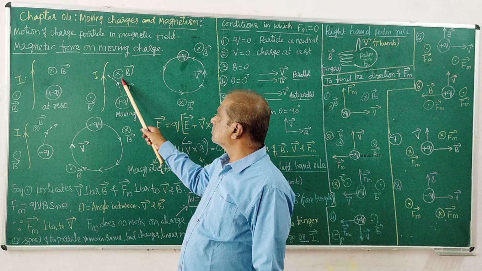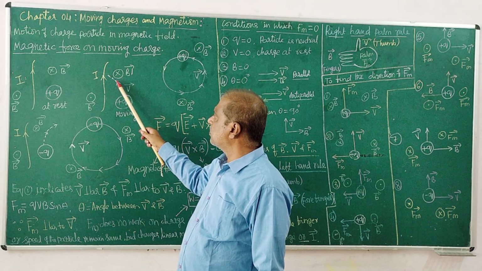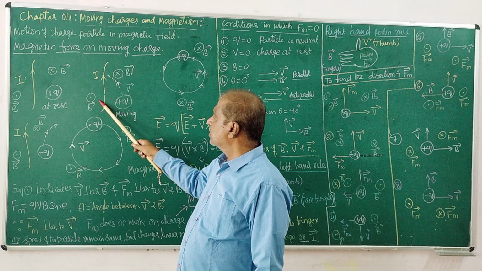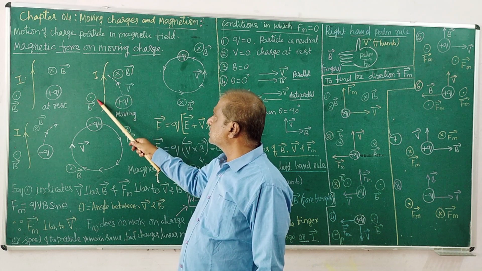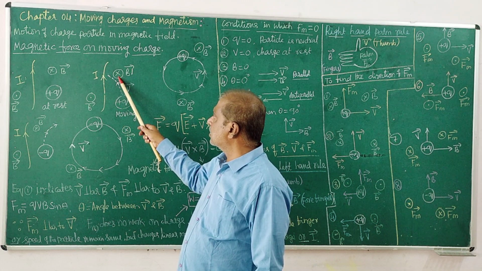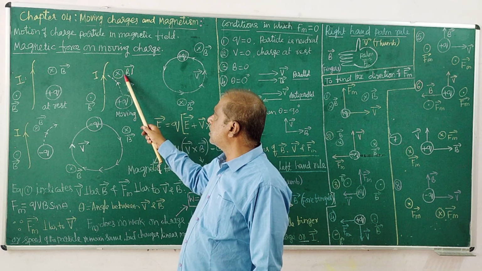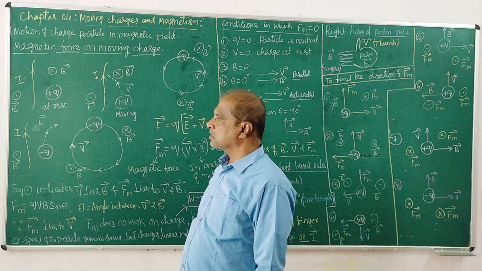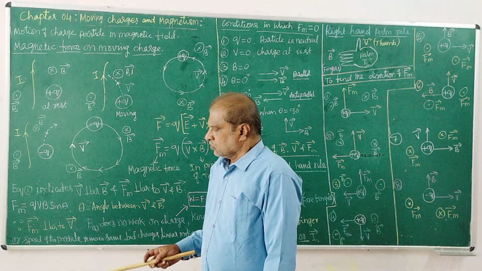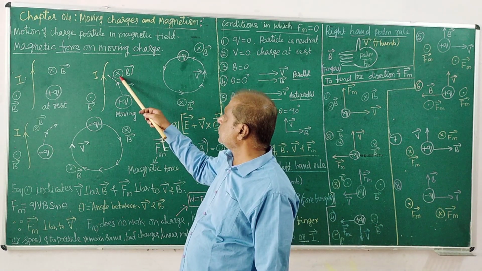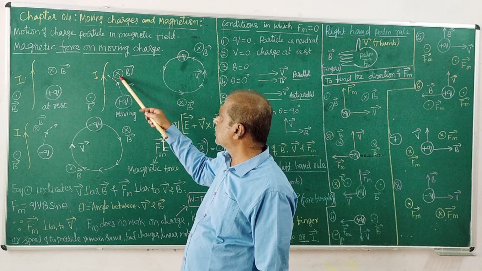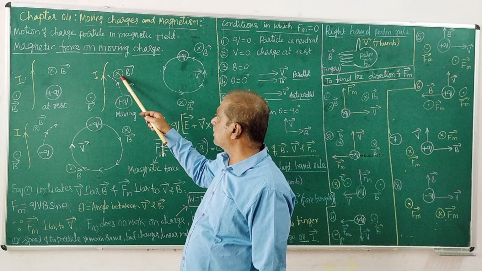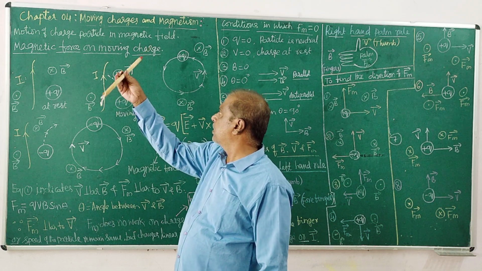These symbols represent the presence of magnetic field. What are those symbols? A cross mark enclosed in a circle and a dot enclosed in a circle. The symbols say that there is a magnetic field perpendicular to the plane but in the inward direction.